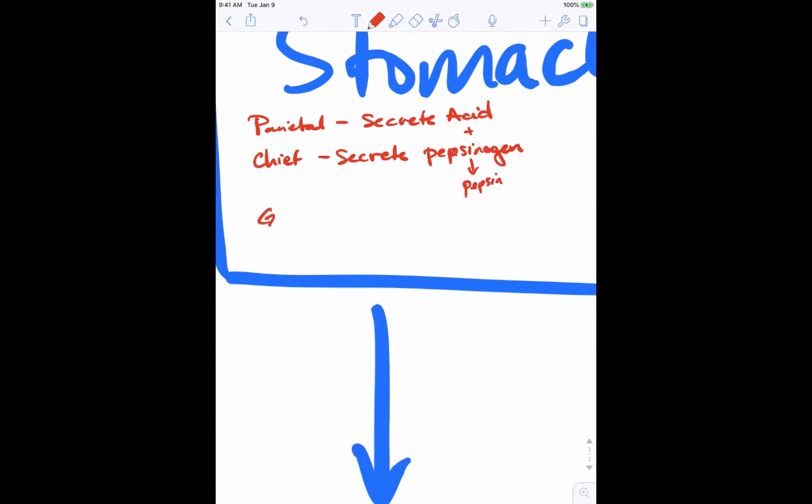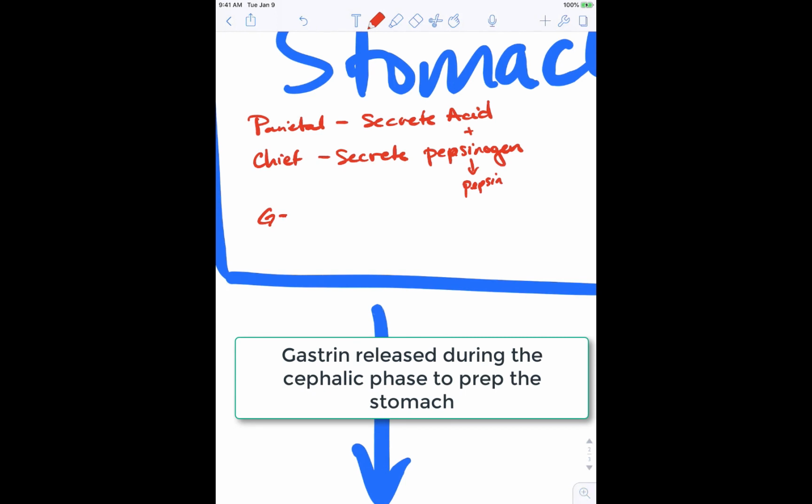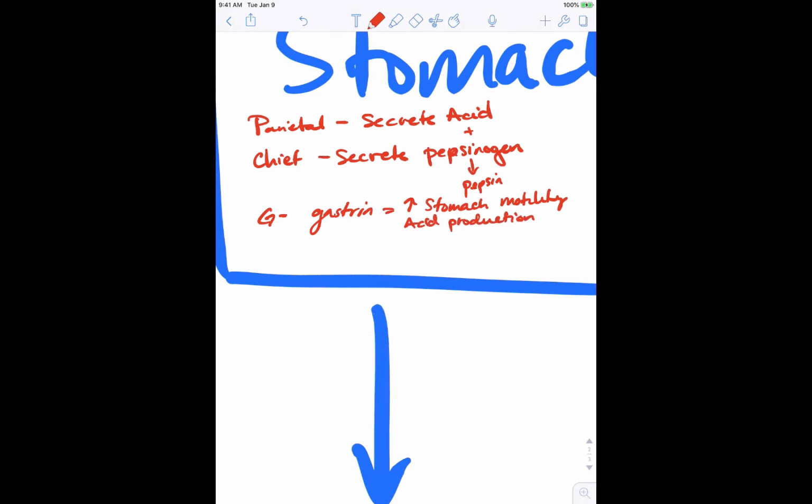There are G cells, which secrete gastrin, which increases stomach motility and acid production. And there are mucus neck cells. And these secrete protective mucus.